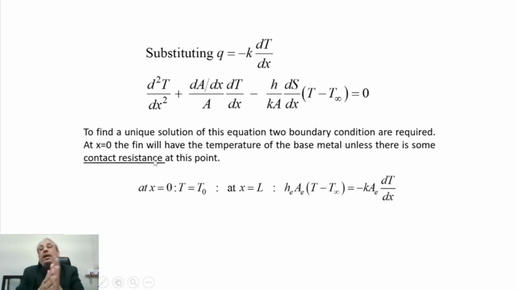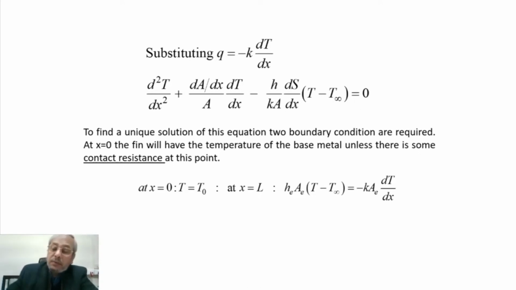If the way the fin is attached is not continuous or not smooth, and it doesn't form a homogeneous isotropic extension, then obviously there will be some contact resistance. But we are ignoring that situation here.